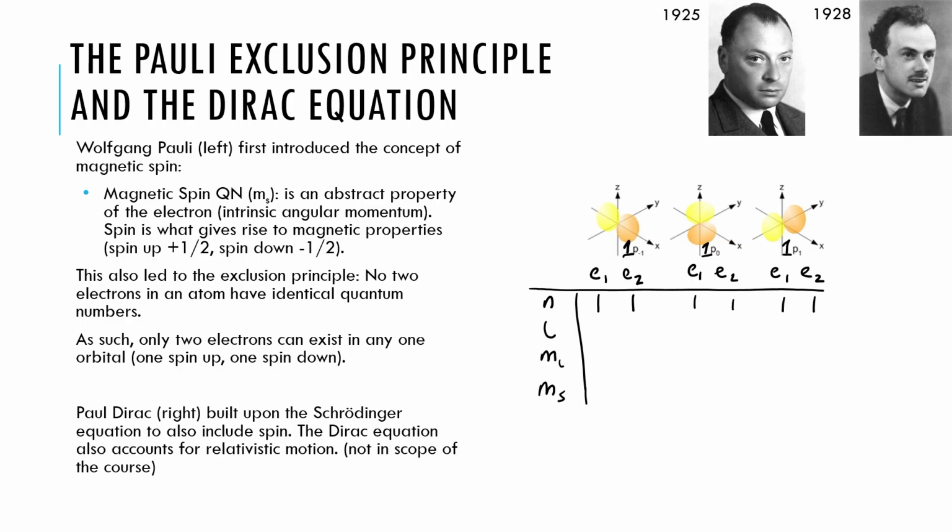All of these will be identical and will not be a differentiating point here. The angular number is also going to be the same. For p orbitals, we always denote a p orbital with an angular number of 1. We will start to get some differentiation with the magnetic quantum number because each of the orbitals, while they have the same shape, occupy a different area of space.